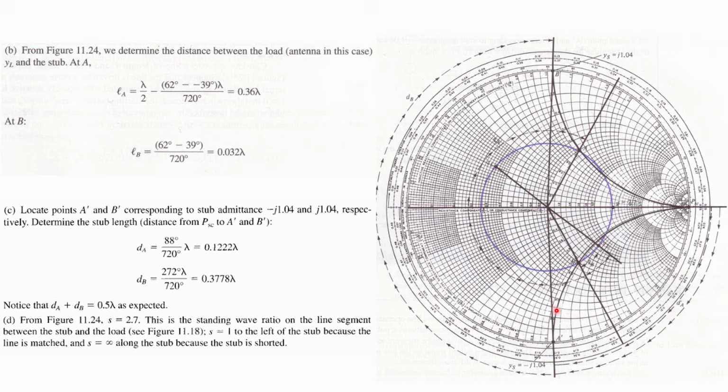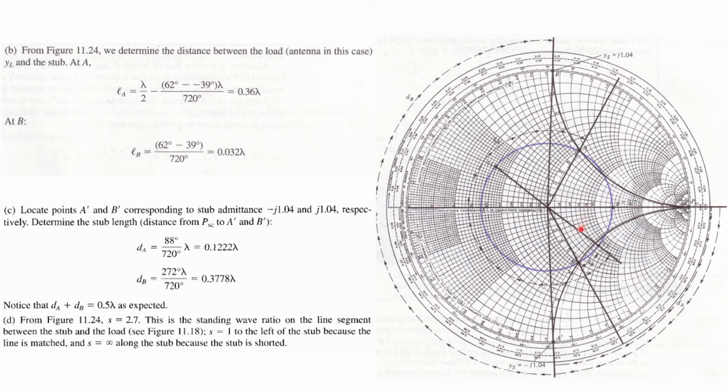So exactly how can we find it? The total length is lambda by 2, always remember, and then find this angle. How much is this angle? From x equal to 0, you will find this angle is 62. Here it is written 62. And what about this other angle?